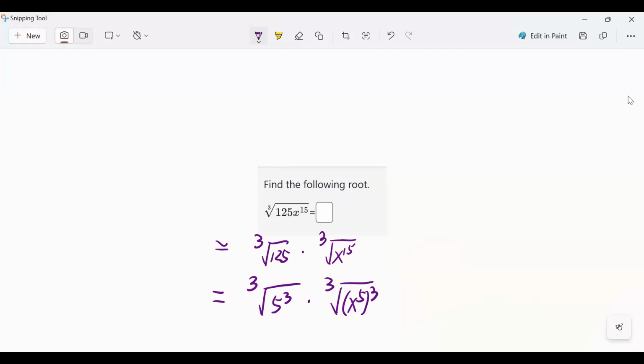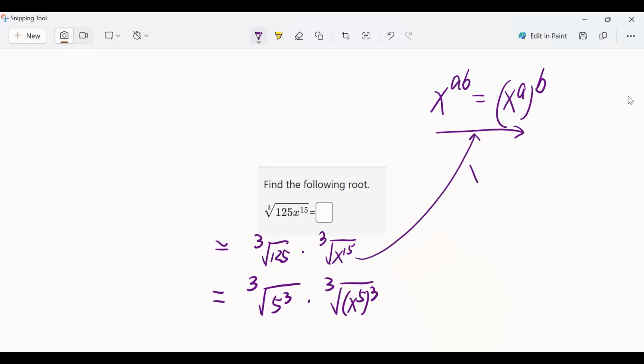This comes from this particular property of exponents: x to the a power raised to the b power equals x to the ab. This is some kind of exponential transformation we can do. So that's how we go from x to the 15 to writing it as x to the fifth times 3, so it will be x to the fifth, to the third power. And that's how we do this transformation.